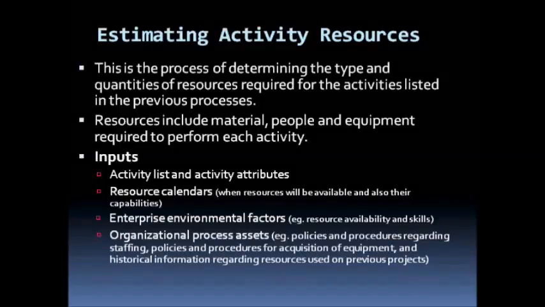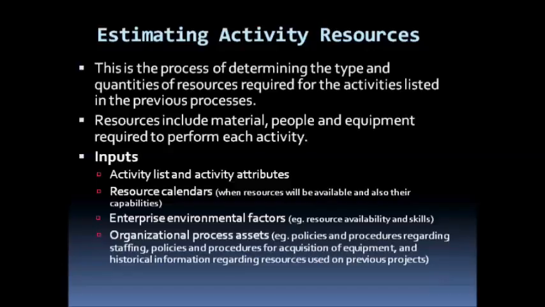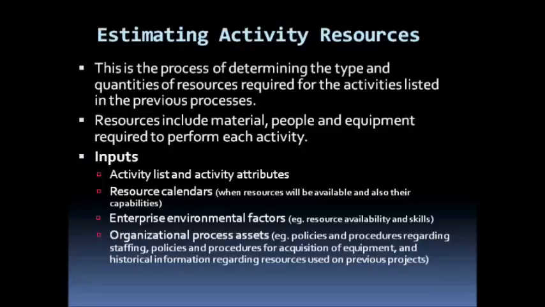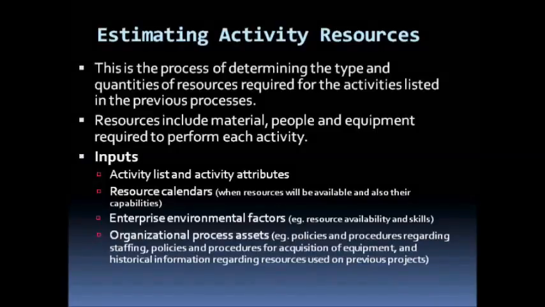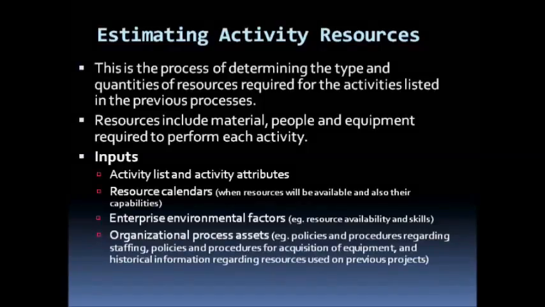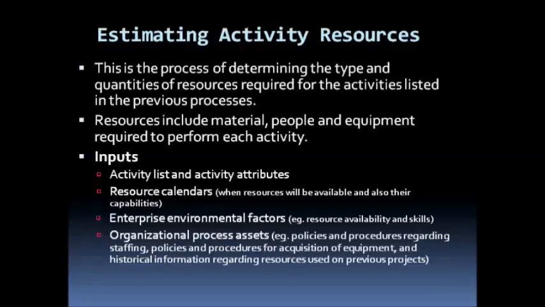We could also consider the existing systems in the organization, which are sometimes referred to as the enterprise environmental factors. The resource availability and the skills. We can only work with what we have. So what is available and their skill level is what we can use for our project.